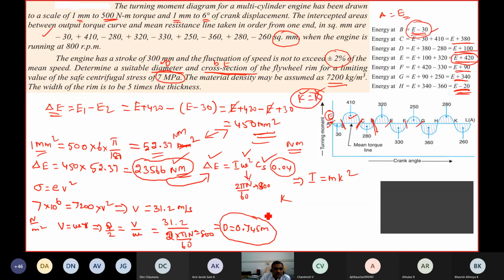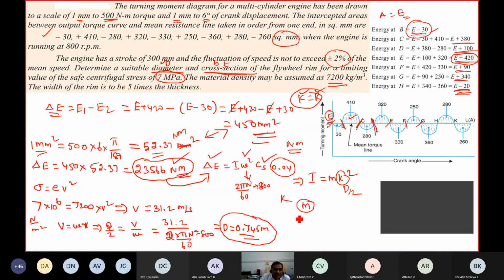Already we have discussed. So in this equation we substitute the value of k. Already we have calculated the value of D, so from D you can substitute the value of r. That is k is equal to D by 2. So now you can calculate the value of m.